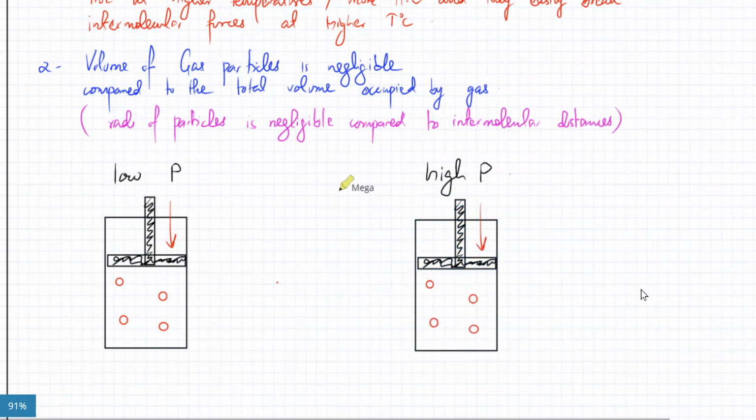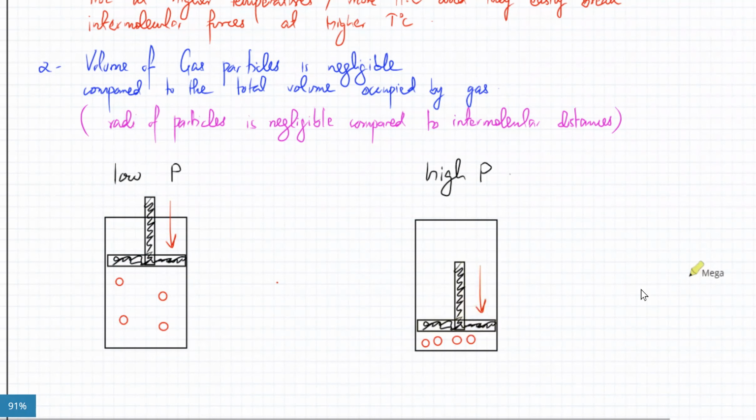At high pressure, the gas will start compressing. So here's the same gas at very high pressure. Over here, what the second statement basically means, in simple words, is that gases are mostly empty space. So you've got a lot of empty space over here, and the volume of the gas is basically just the volume of the empty space.